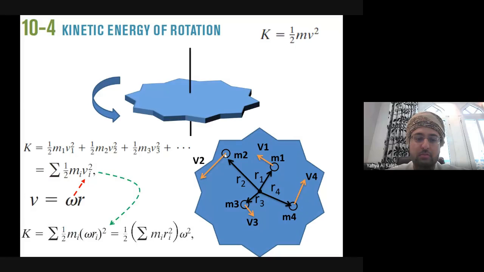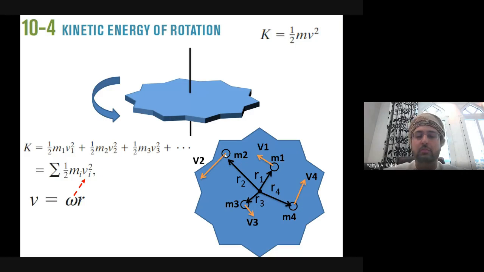Now, this poses a problem. Which velocity do I take? Since it's dependent on distance, should I take the internal one? Should I take the absolute extreme one? Should I take some point in the middle? Should I take every single point and then integrate over it? What should I do?